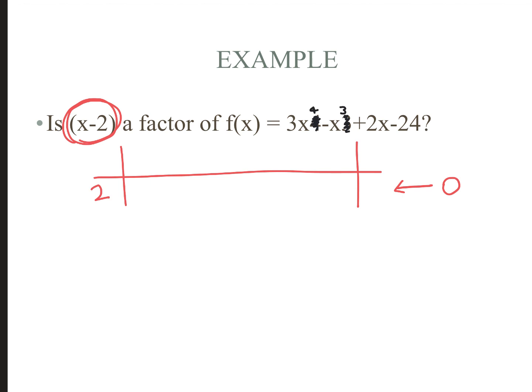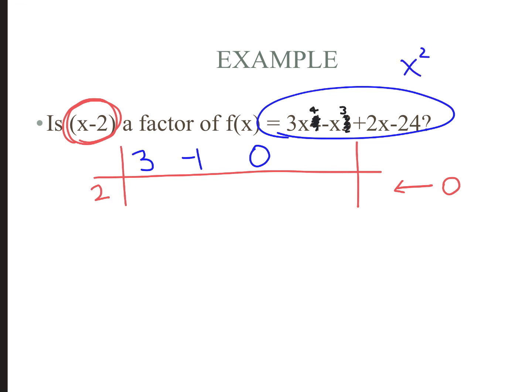Okay, so now up top, I need to put the coefficients that I'm finding here, which will be 3, -1, 0, right? Don't forget the placeholder. I don't have an x squared term, so I need to put a placeholder for it. 2, negative 24. Okay, so here we go. Bring the first number down. Multiply, giving you 6, and add.